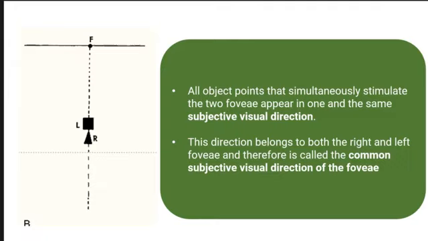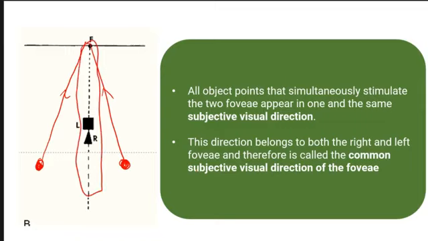And this common visual direction, because it is seen by the patient, is known as the common subjective visual direction of the foveas. So although the two foveas were located here and here, and their individual visual directions were like this, their common subjective localization was along this straight line, as if there is a cyclopean eye, and that common direction is known as the common subjective visual direction of the foveas.